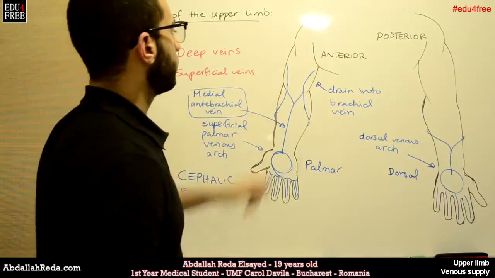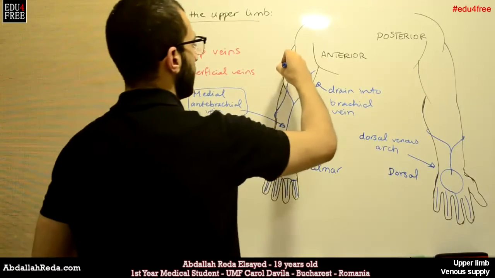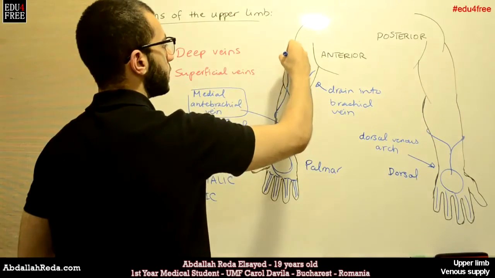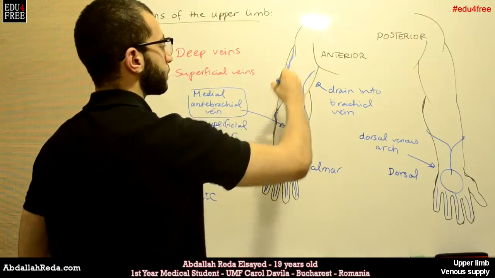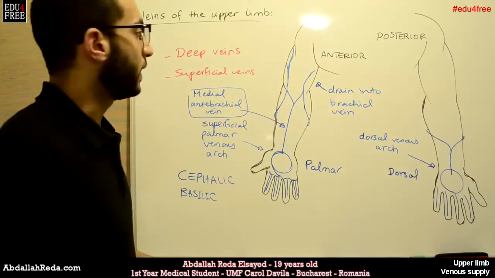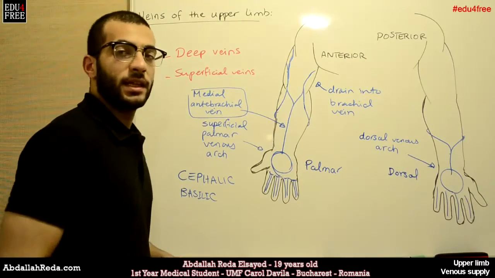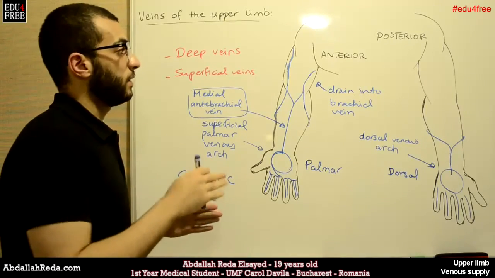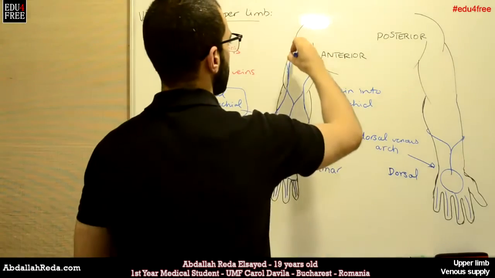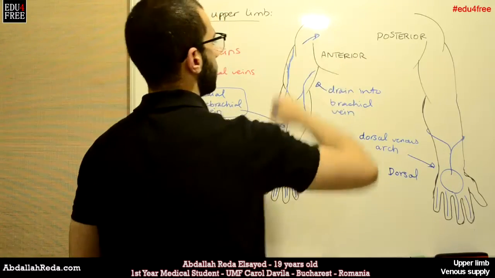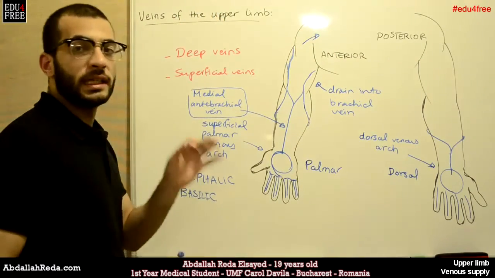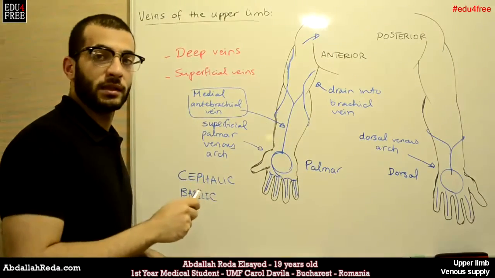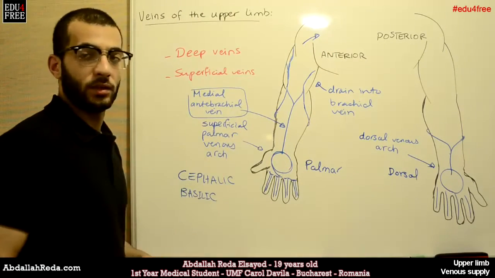And for the cephalic vein, it will go into the deltoid groove, and then it will penetrate a fascia called the clavipectoral fascia. So it will course like this until it reaches the axillary vein at the axillary region, the vein that accompanies the axillary artery, and it will drain into it.